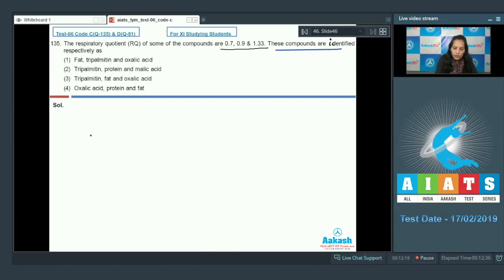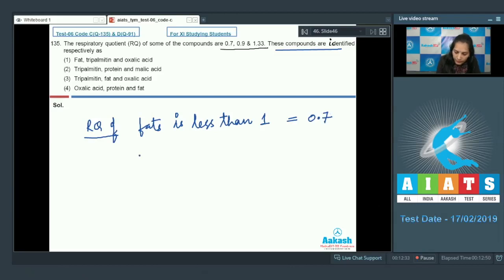Before solving this question, you should know that the RQ of fats is less than 1, and that is 0.7. For proteins, again it is less than 1, that is 0.9.